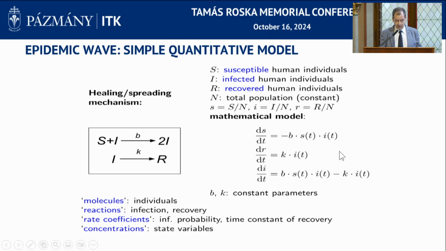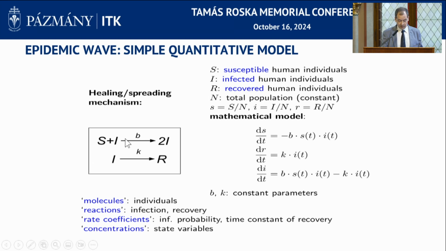So this slide shows the quantitative model of an epidemic wave. I cannot go into the details, so we have a mathematical model, differential equations. I won't have more equations in the slides, but the most important thing is that such an epidemic wave can be expressed formally with a set of chemical reactions. So we assign material species to individuals.